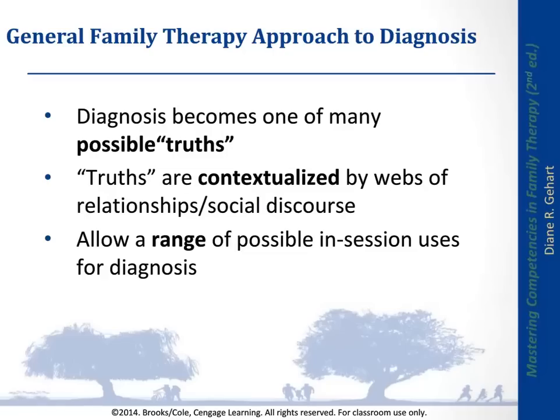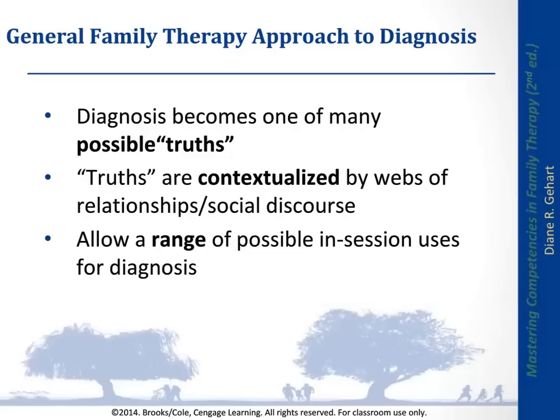So, for example, major depression might be one way to describe what's going on with the client. Being sad or blue might be another descriptor, or the client might find that saying, I'm not doing what I used to do, is the problem. So use diagnosis, but not as, I must construct all my therapy and interventions around this diagnosis. It is one of many possible ways of describing what's going on, and you explore whether or not that description is useful.